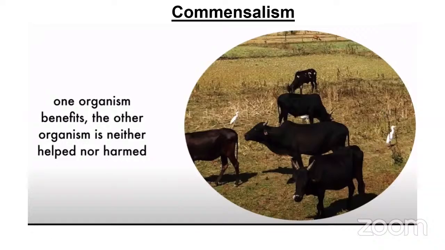Here the buffalo is not getting any benefit, but because of the movement of the buffalo on the field, the insects which are coming out are being eaten by these birds.